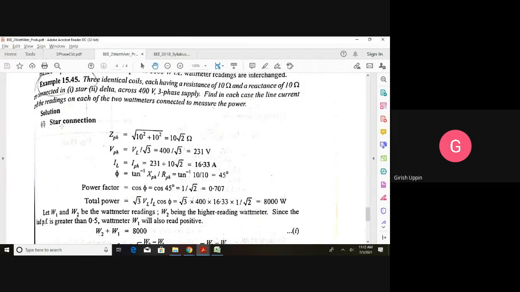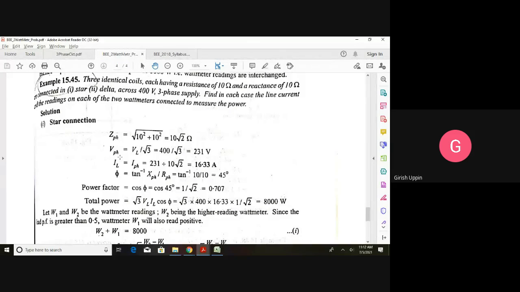First scenario, star connection. First thing you have to do is, since you have been given the resistance and reactance, find the impedance. We know that Z phase is equal to square root of R phase squared plus XL squared. So square root of 10 squared plus 10 squared, we get 10 root 2. That is the impedance.